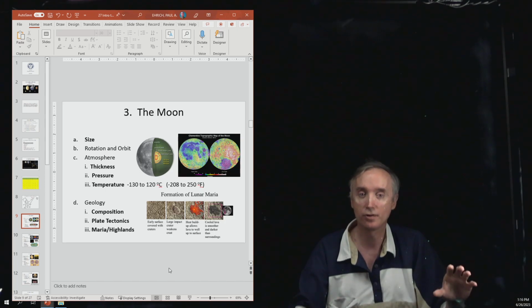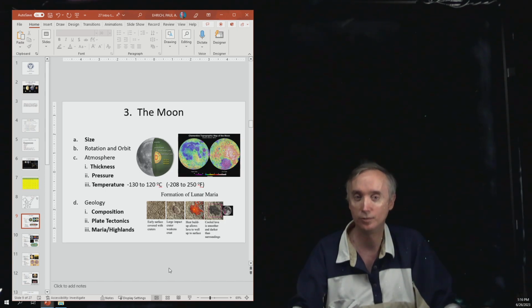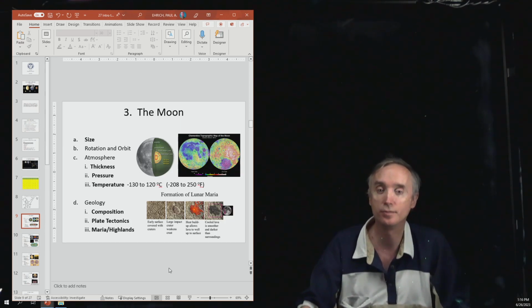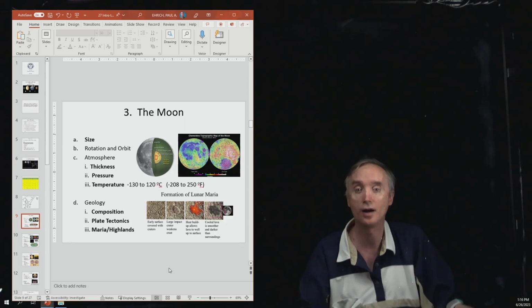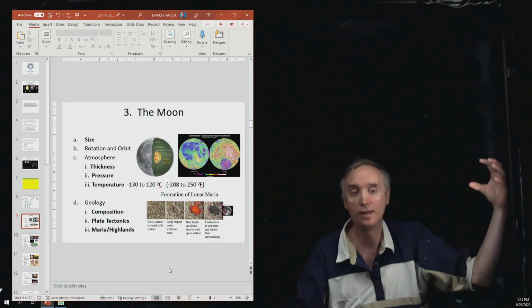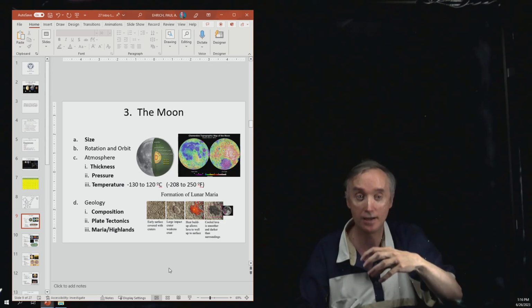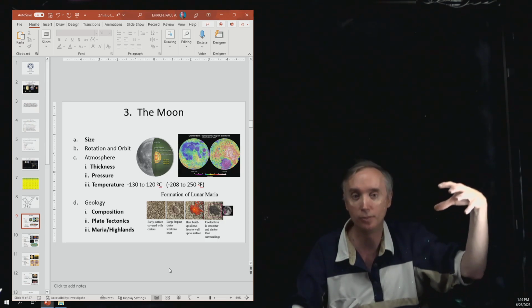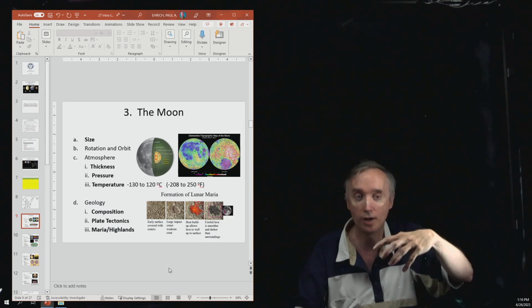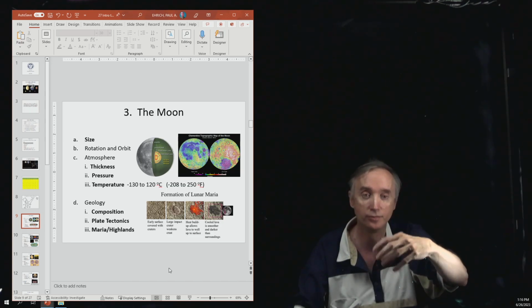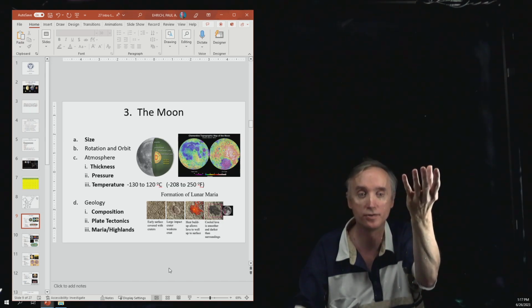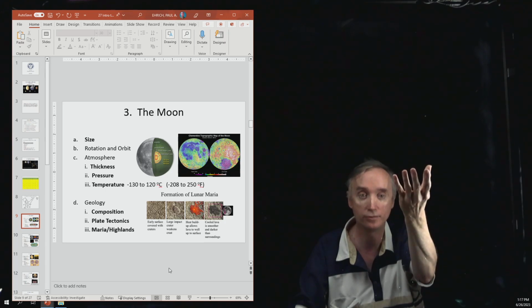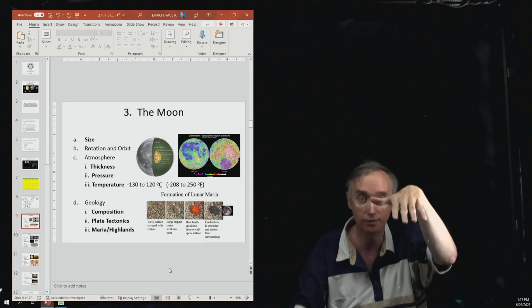The original crust of the moon is the white part, and so that is going to be called the lunar highlands. When that got hit by an asteroid early in the formation of the moon, it would punch a hole through the white crust into the mantle, and then basaltic lava would ooze out and fill in the crater.